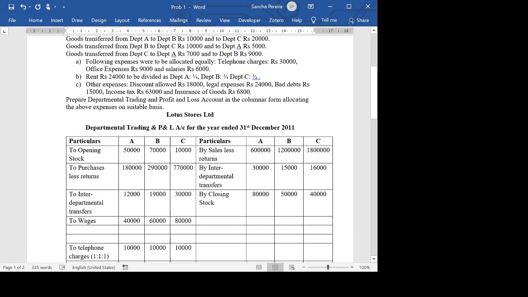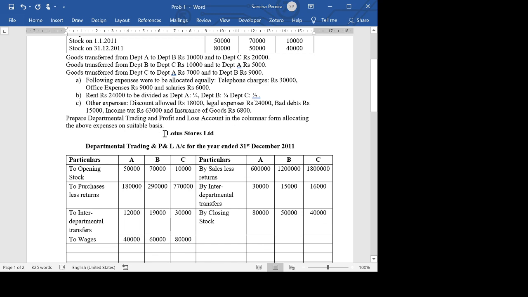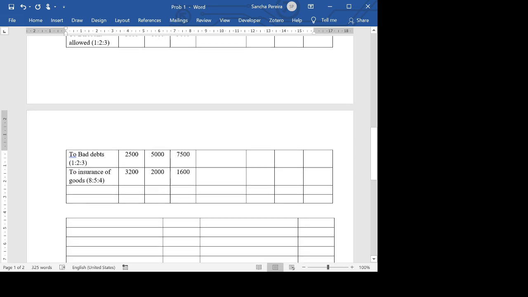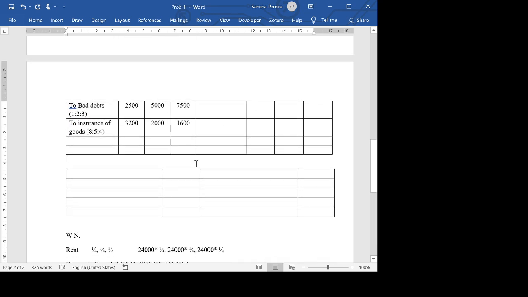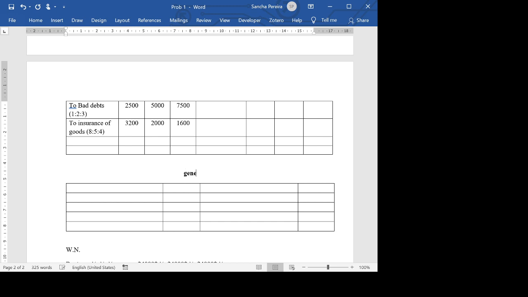I'll just post these other two items which we have not yet taken: legal expenses and income tax, which go in the so-called general profit and loss account.